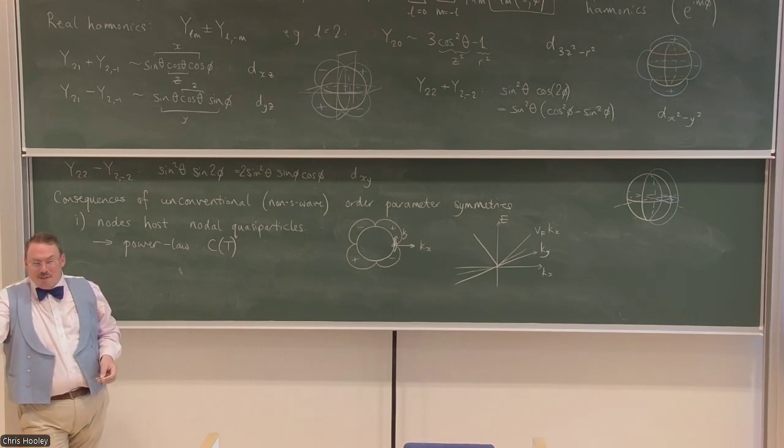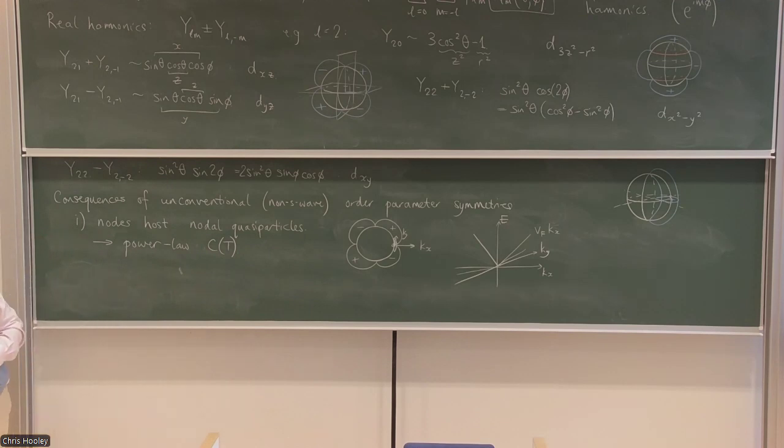So this is a comment, not a question. Yes, go ahead. When you look at spin fluctuation theories, it's perfectly possible to get what they call accidental nodes. So zeros in the order parameter that don't involve a sign change, right? And they would have the same power law consequences as these.